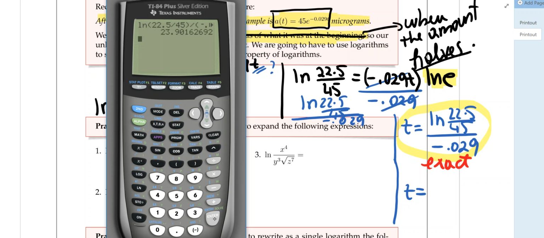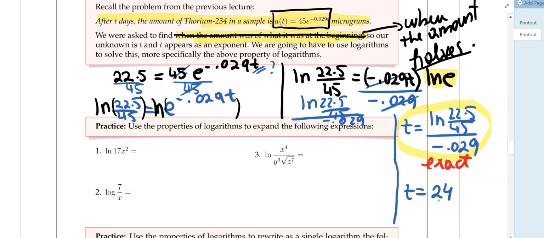So then the answer is 23.9. So let's say 24. So this is approximately 24 days. So this is the approximate answer.